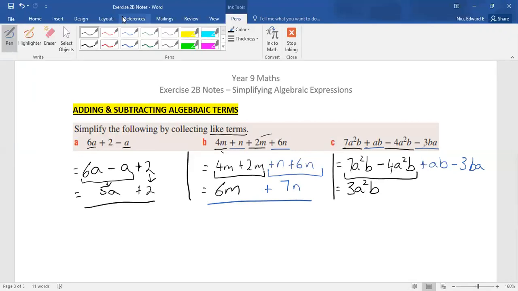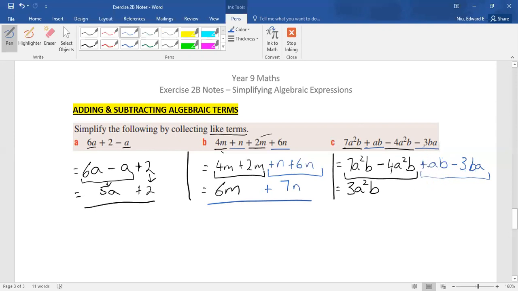Over here on the right, we've got the blue pairing. Positive ab. Oh, that's frustrating. So positive ab, or positive 1ab, take away 3ba. Remember, we want to keep it alphabetical, so for our answer let's rearrange it to ab.